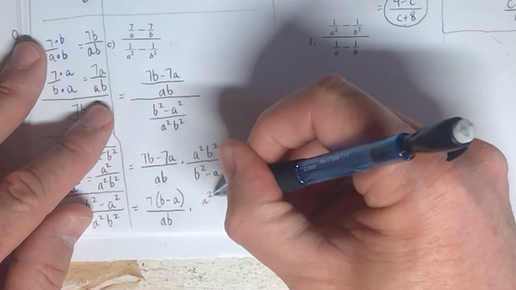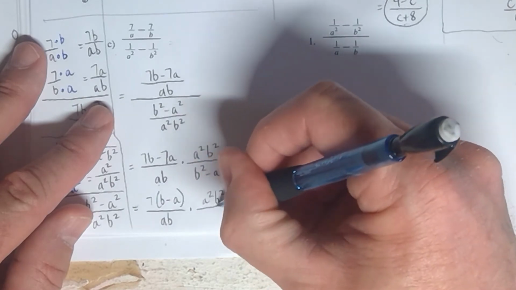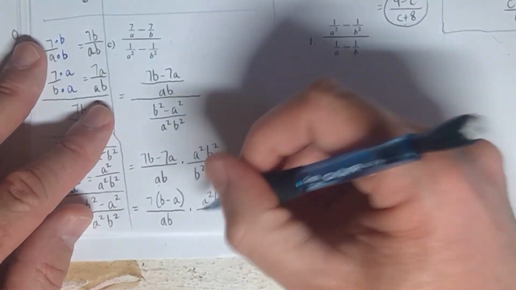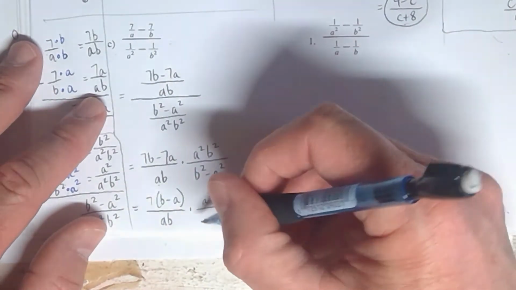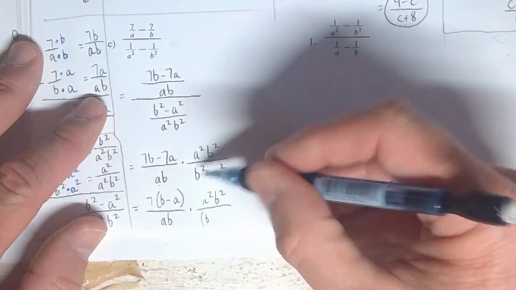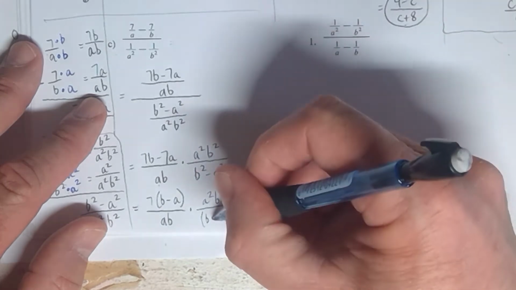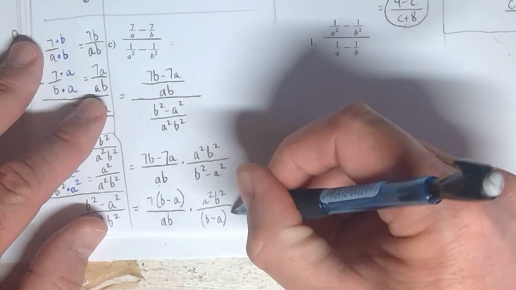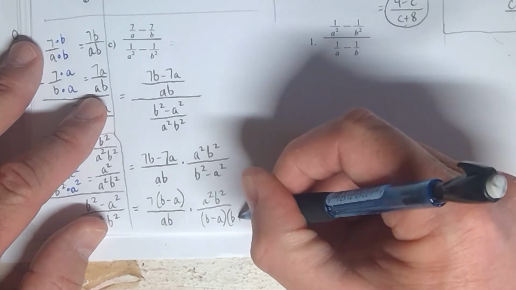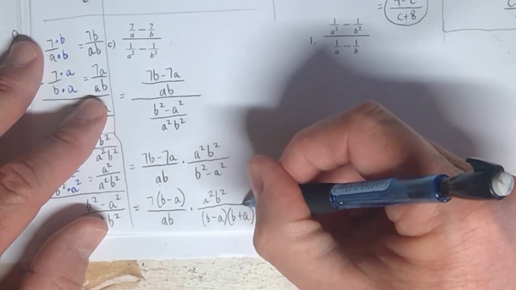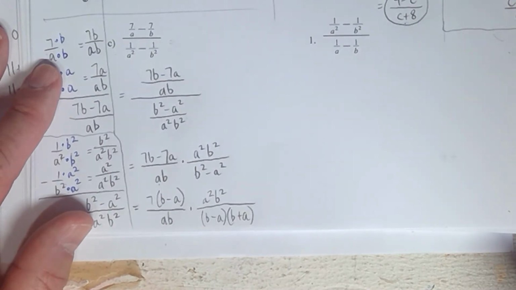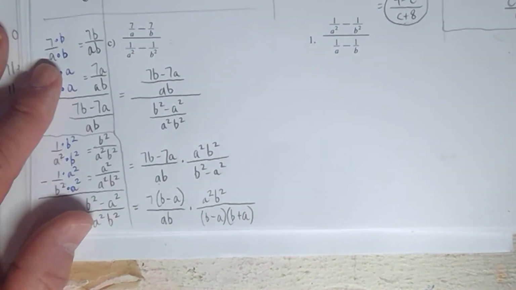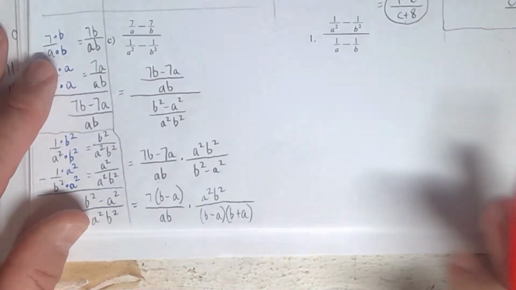And then down here, I can factor that because when you have b squared minus a squared, something squared minus something squared, you can do that formula we learned at the end of the factoring chapter. It ends up being b minus a, b plus a. That's that first formula we saw in section 7.4.